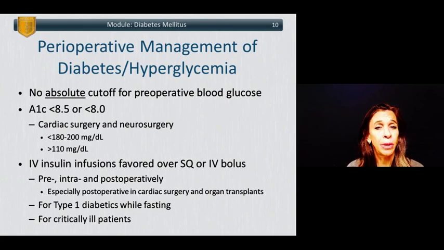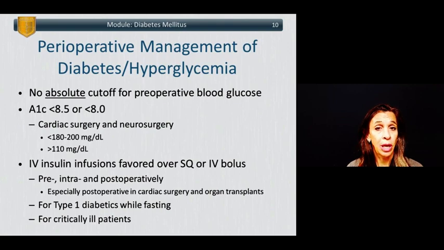Typically in the perioperative period, IV insulin infusions are favored over either subcutaneous or IV boluses. Pre, inter, and post-operatively, it is much easier and safer to control glucose with intravenous infusions than with sub-Q or IV bolus. And this is especially important post-operatively in patients undergoing cardiac surgery and organ transplant patients.